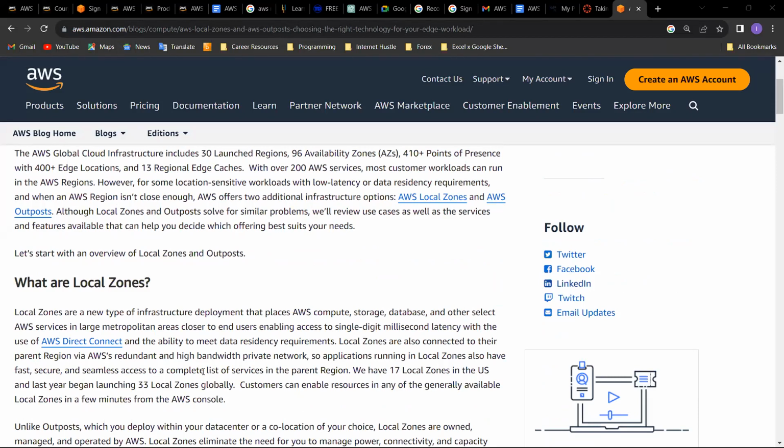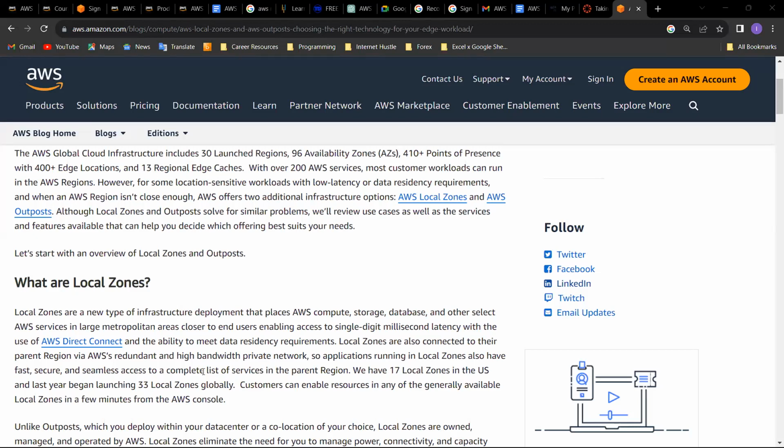Local zones are a new type of infrastructure deployment that places AWS compute, storage, database, and other select AWS services in large metropolitan areas closer to end users, enabling access to single-digit millisecond latency, with the use of AWS Direct Connect and the ability to meet data residency requirements. Local zones are also connected to their parent region via AWS's redundant and high bandwidth private network.